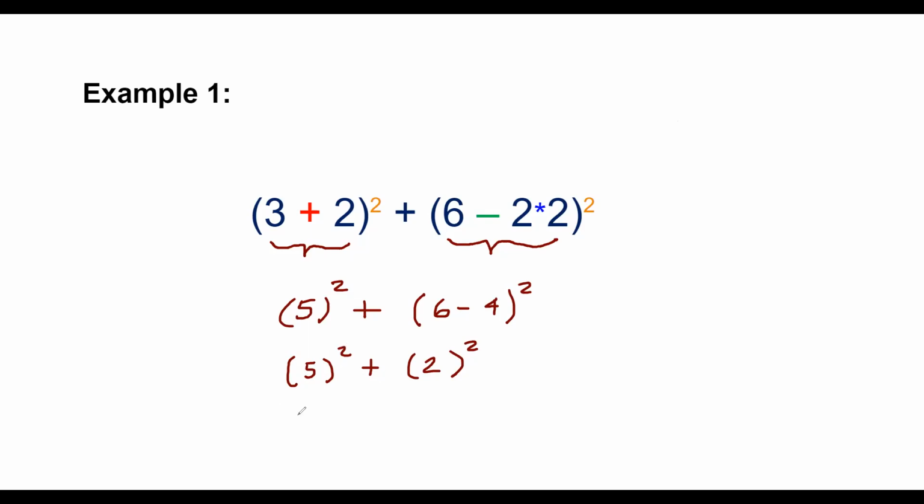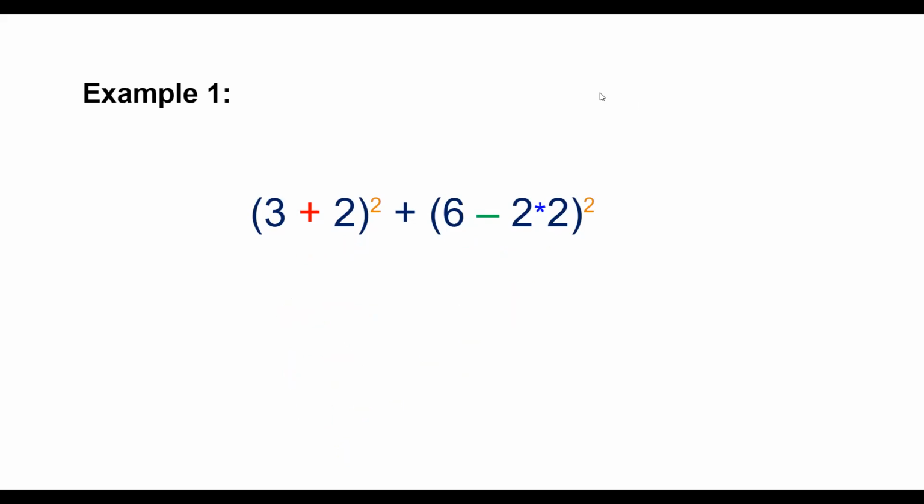So 5 to the second power is 25. 2 to the second power is 2 times 2. That's 4. And we only have one more operation to perform. That's addition. 25 plus 4 is 29. That would be the answer to example 1.